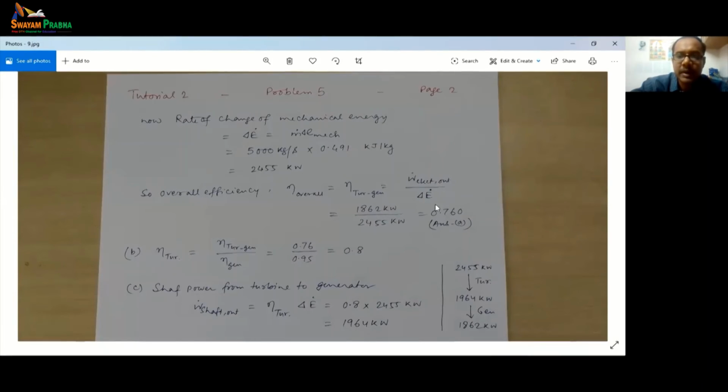And the available mechanical energy, that delta capital E dot, we just got, it is 2455 kilowatt. So the numerator is the effective electrical output and the denominator is the overall available mechanical energy. The ratio gives us the overall efficiency, that's 0.76, and that's the first answer the question asks us to determine.